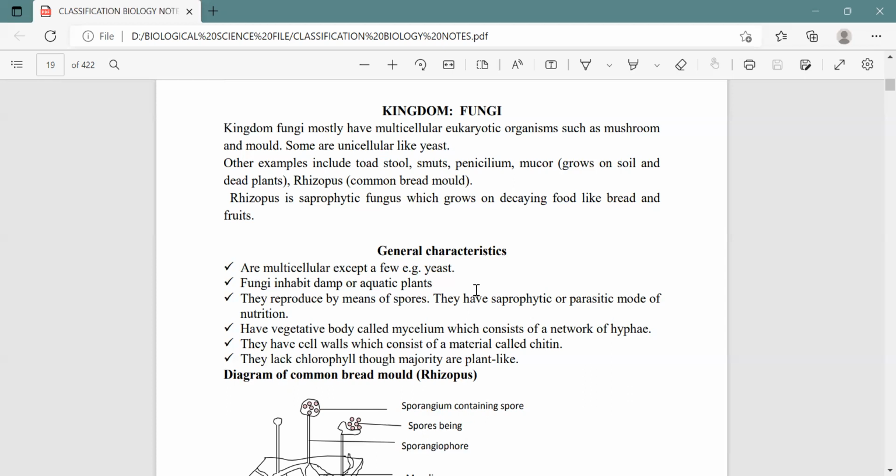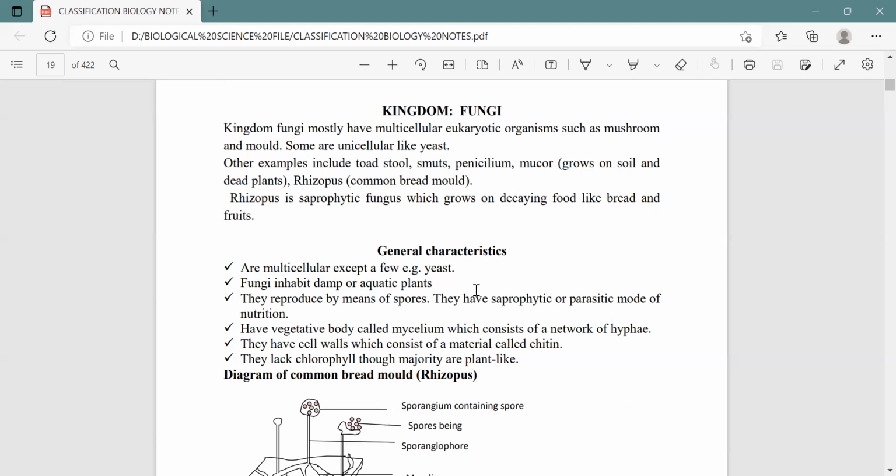The spores are tiny floating bodies in the air. So when you leave your piece of bread somewhere, these fungal spores, whenever they land on a suitable environment, they will germinate and grow.